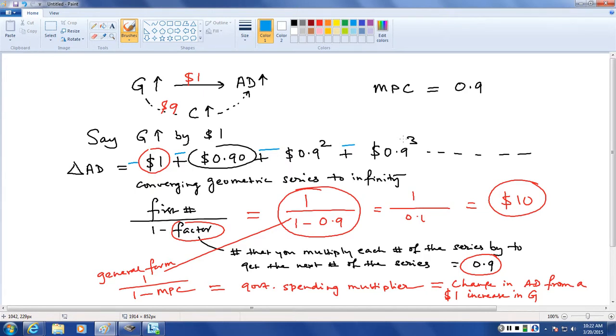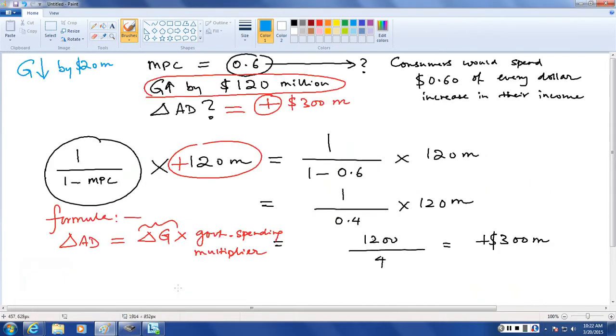So how would we apply that formula then to deal with decreases in government spending? Well, all we do is we use this formula here, and this formula will give us what? The change in government spending now is what? Tell me. What is it going to be? Government spending is going down by 20 million, minus 20 million. I put a minus there because the change in this case is a negative change.